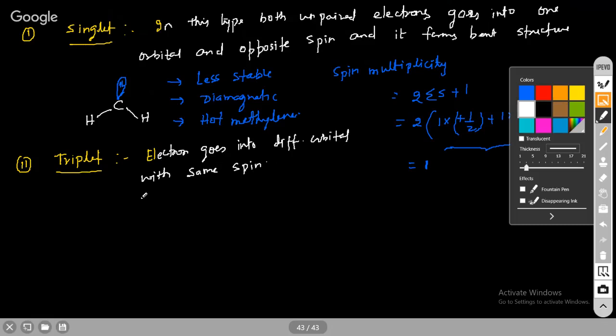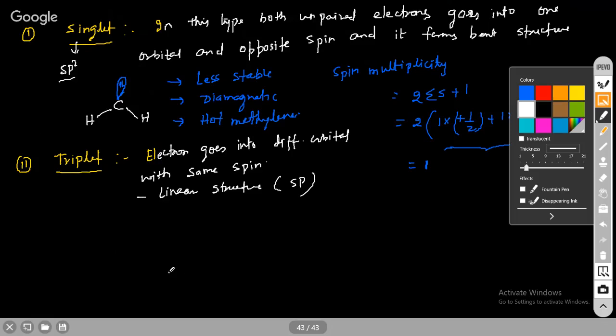It has a linear structure, sp hybridized. This one is sp2 hybridized.